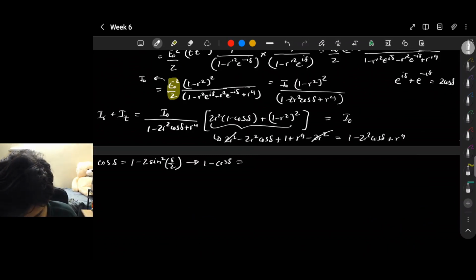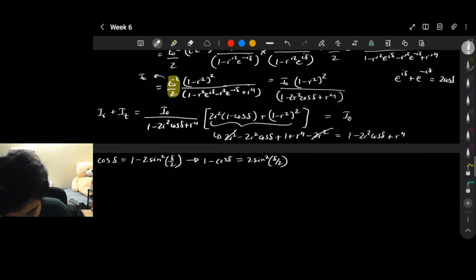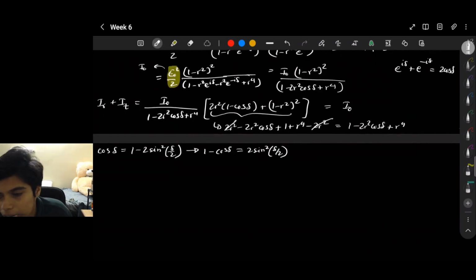Using this, 1 minus cos delta is 2 sine squared delta by 2. So using this identity, we will write down IR and IT slightly differently.